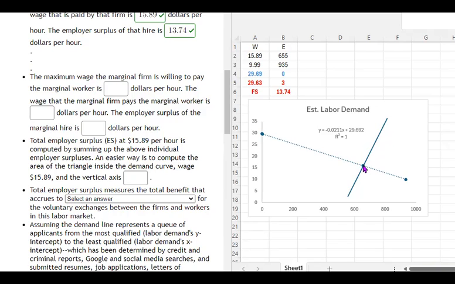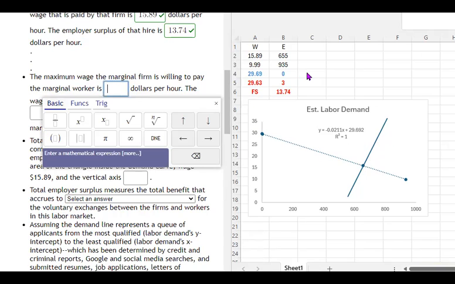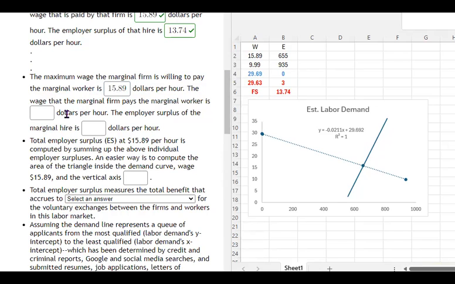This marginal worker is paid the market wage of $15.89. The marginal worker in this case is the 655th worker, the last worker hired.